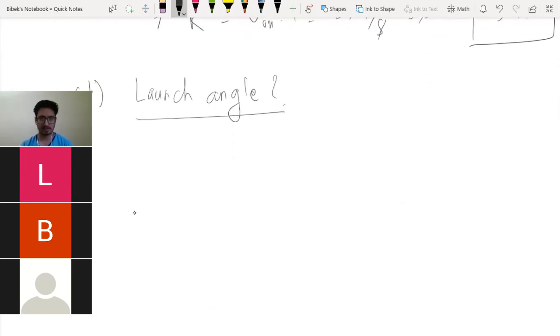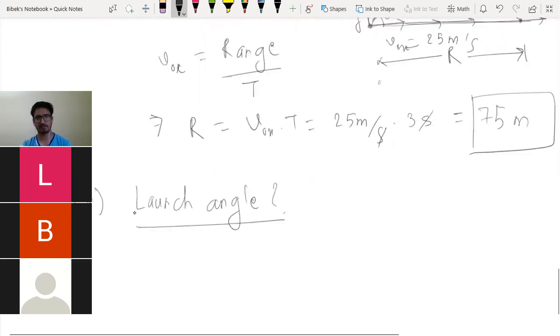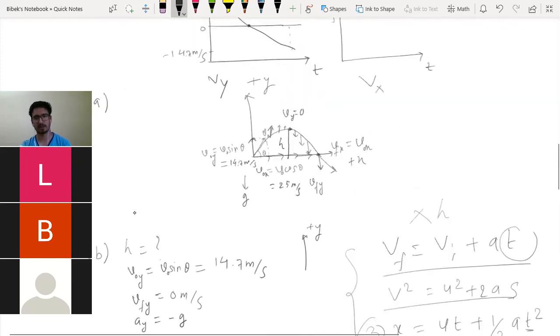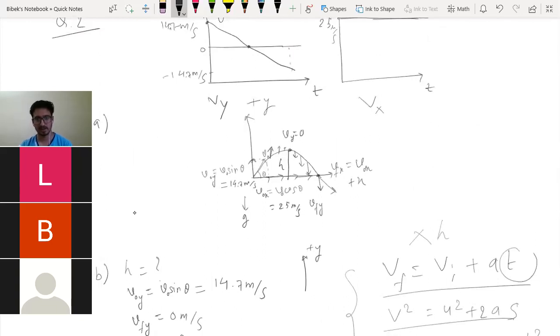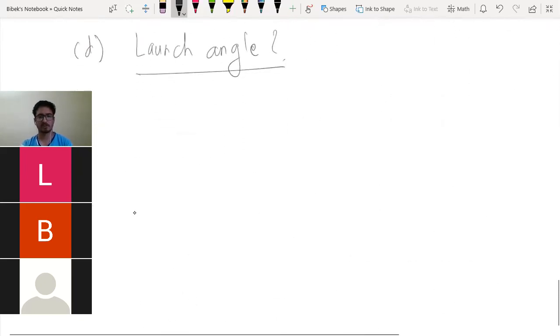So how do you find the launch angle? You might have already guessed. I've already equated v naught sine theta is 14.7 meters per second and v naught cos theta is equal to 25 meters per second. If you divide the two of them, you'll easily get the launch angle.